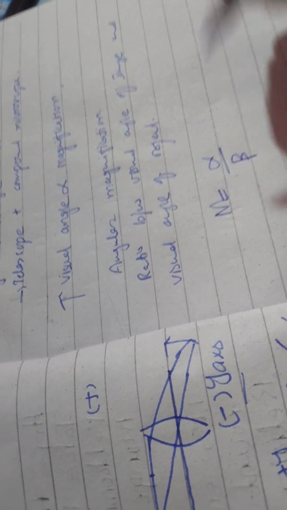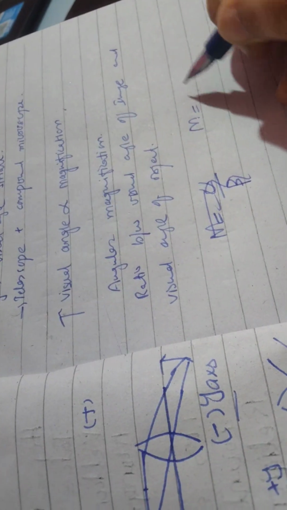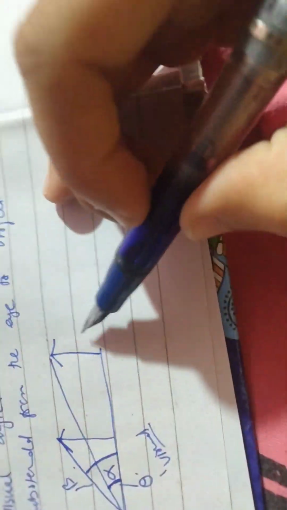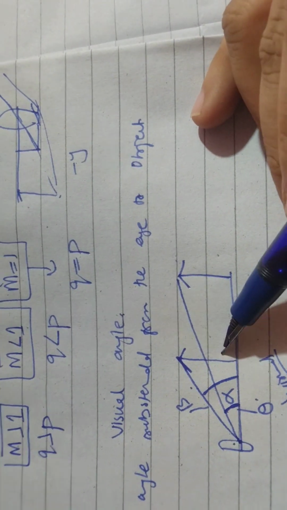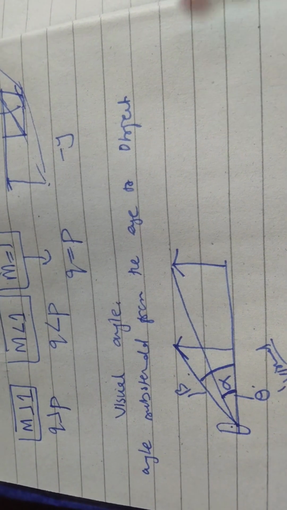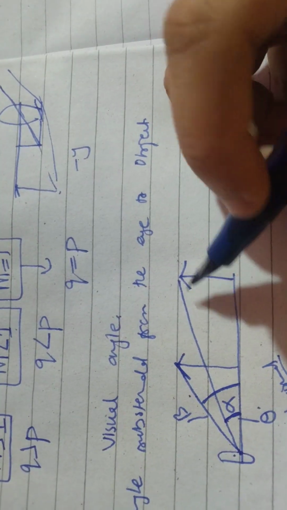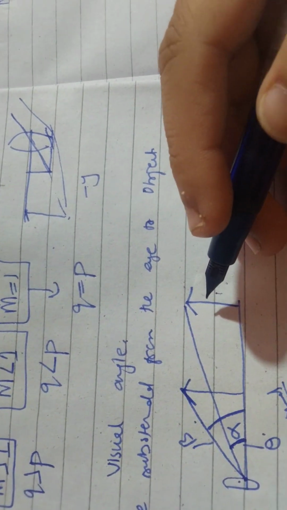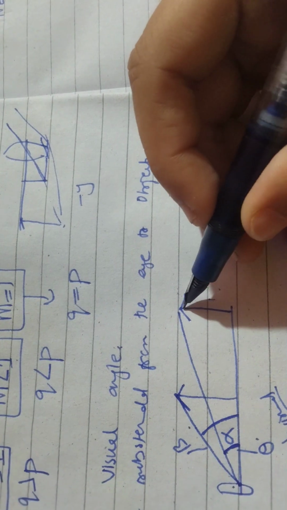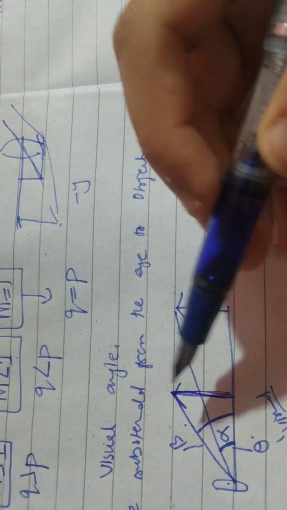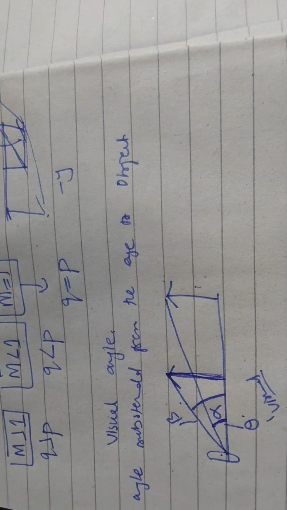Magnification is equal to the visual angle of the image over the visual angle of the object, so it is beta upon alpha, right? As you can see here, this is the object. This beta is the visual angle formed by the final image after all the lenses.